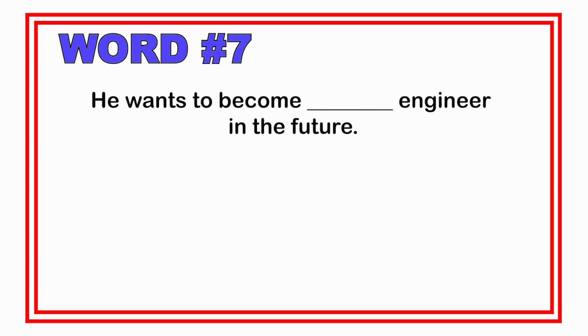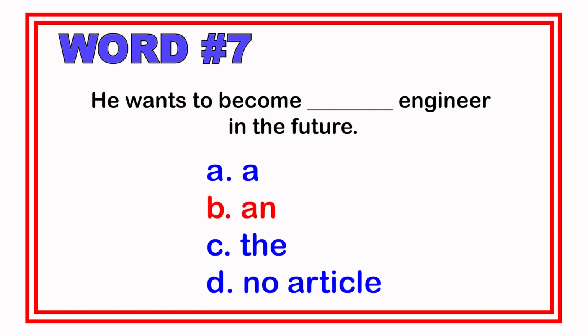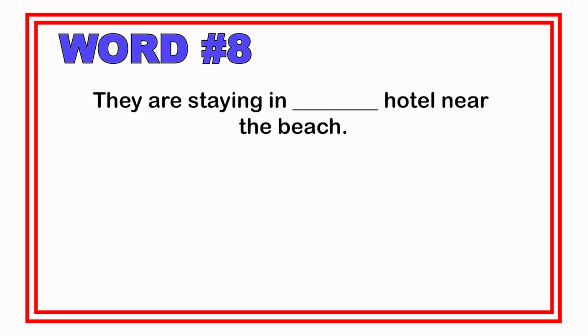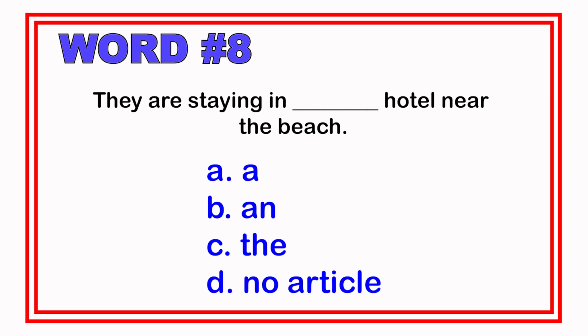Number 7, he wants to become something, engineer in the future. He wants to become an engineer in the future. Number 8, they are staying in something, hotel near the beach. They are staying in a hotel near the beach.